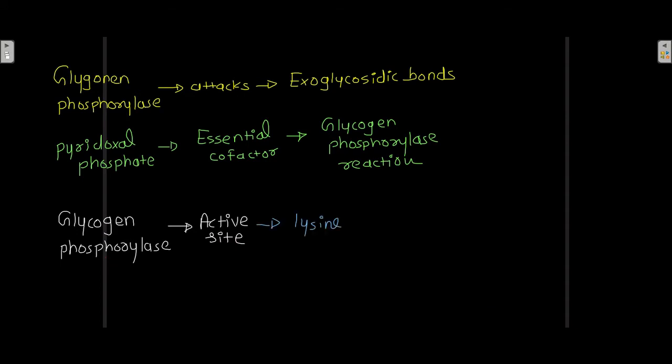At this active site there is a lysine, and this lysine is linked to pyridoxal phosphate. Why? Because pyridoxal phosphate is an essential cofactor of glycogen phosphorylase. That's why at the active site the lysine is linked with pyridoxal phosphate.